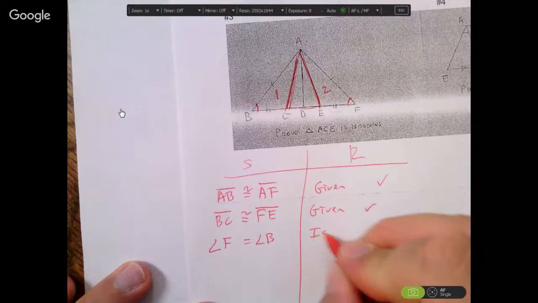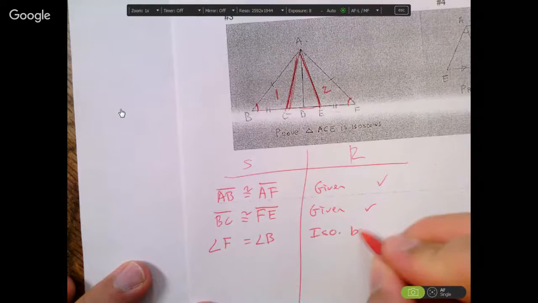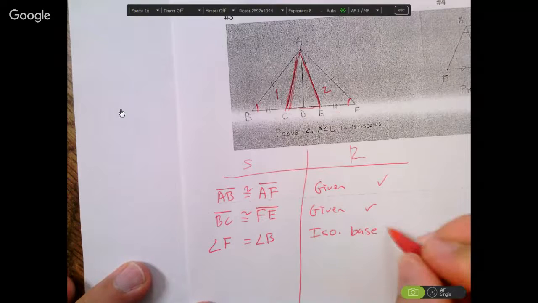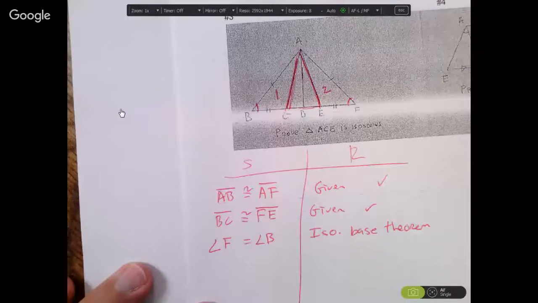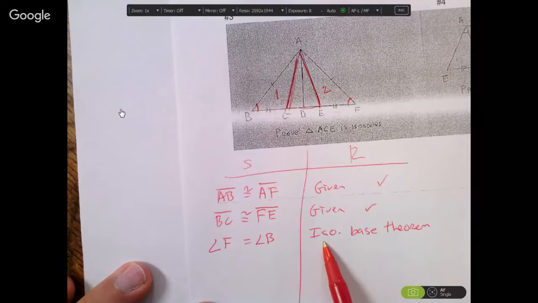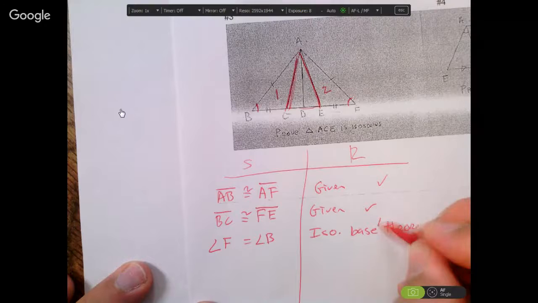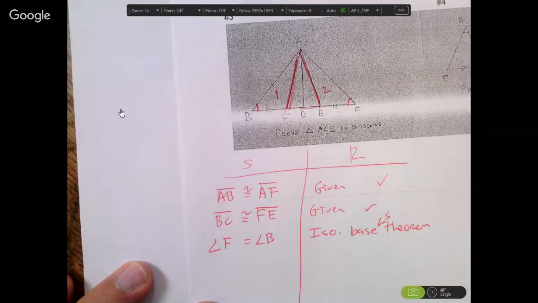Isosceles base theorem. You know, it got the wrong wording, but it means almost the same thing in your mind. I would be okay if it had the word isosceles and base, and actually I think I would also want to say angle. So if you said base angle isosceles theorem, I'd probably be okay.